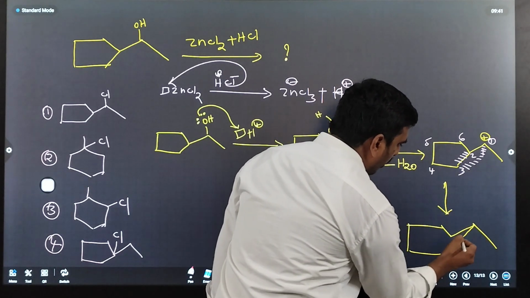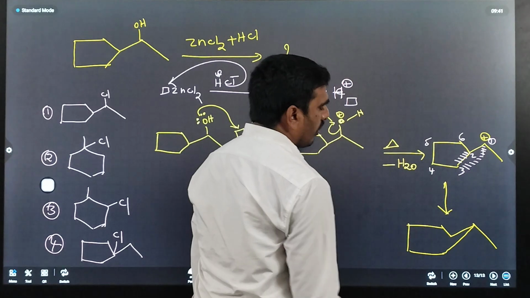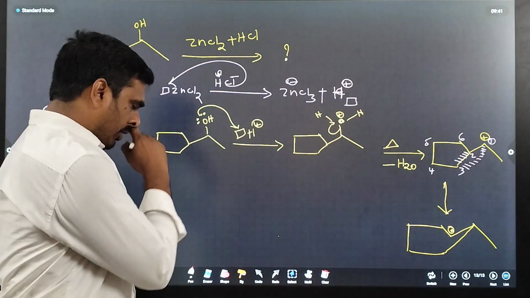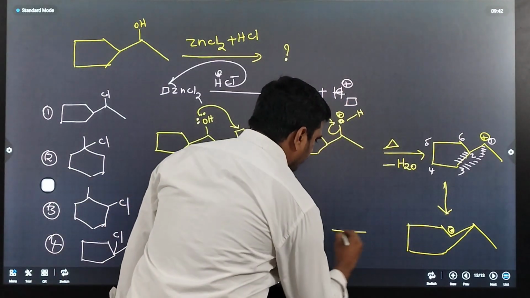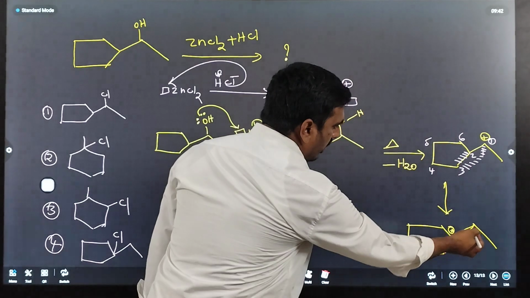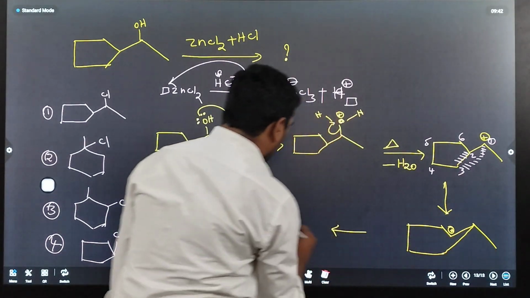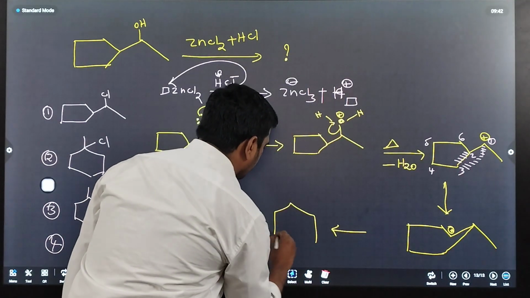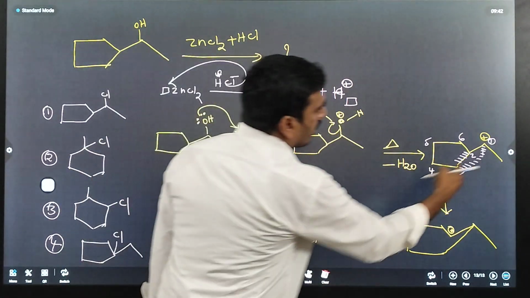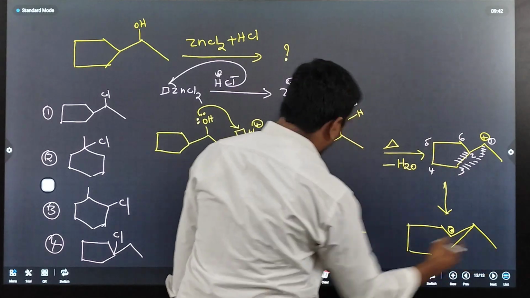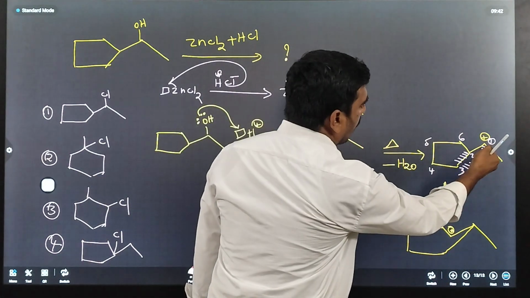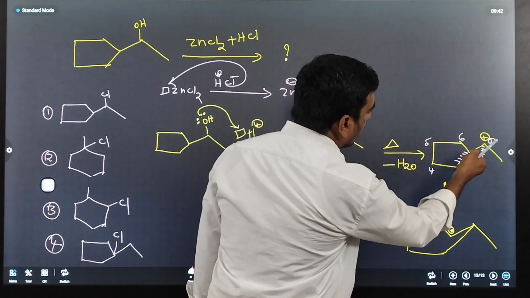Here the bond is formed between 1 and 3, and the charge shifted to the second position. So I can write a 6-membered ring with 1 methyl group. The first carbon contains the methyl and is connected to the third and second carbon.